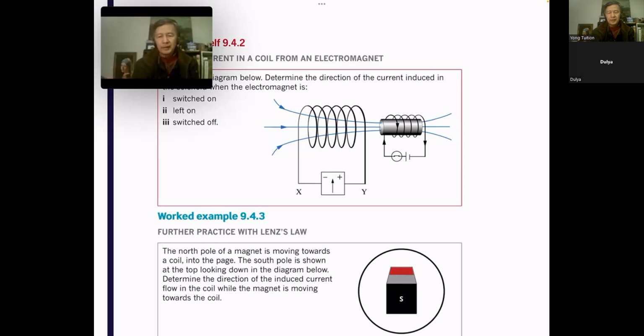So in this case, do you think there is a current induced in the coil on the left hand side? No, I don't think so. We discussed before. That's right. The third, what would happen if the switch is suddenly turned off? Then there would be no current, I think. Induced current? Why?